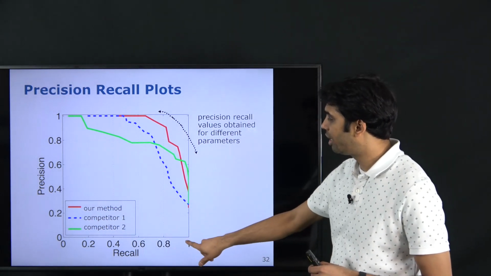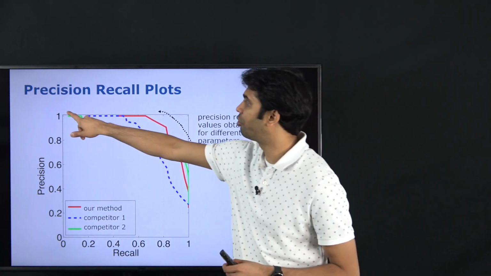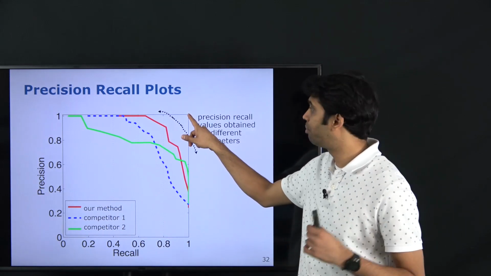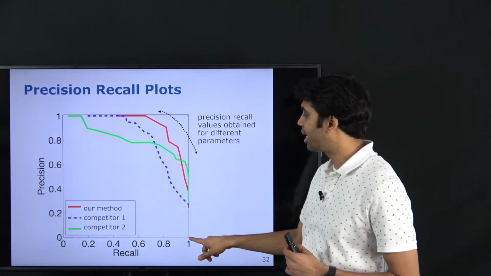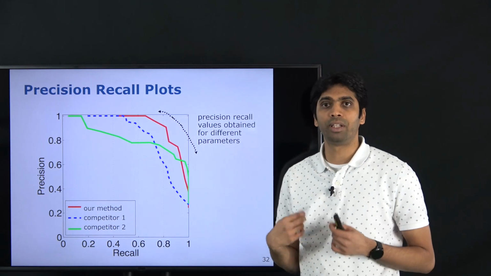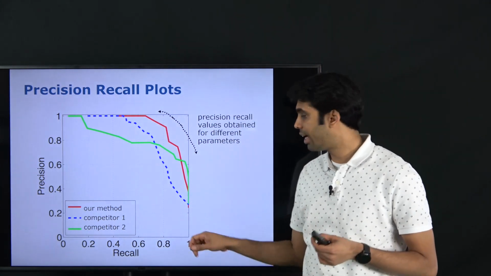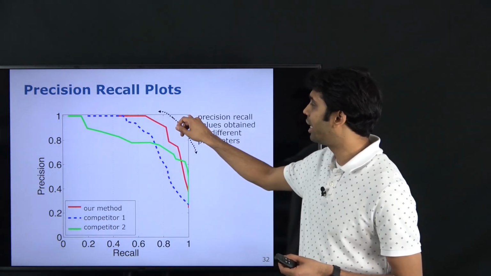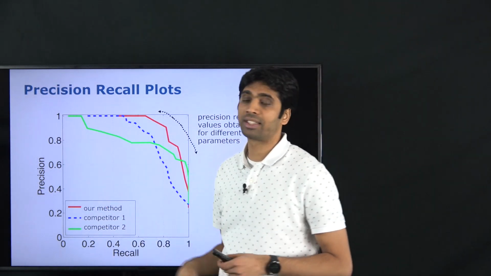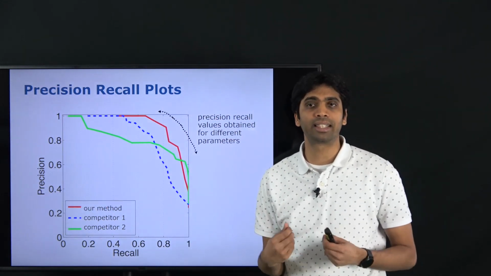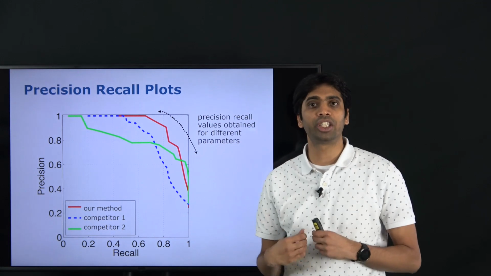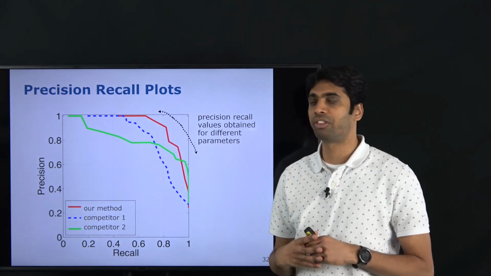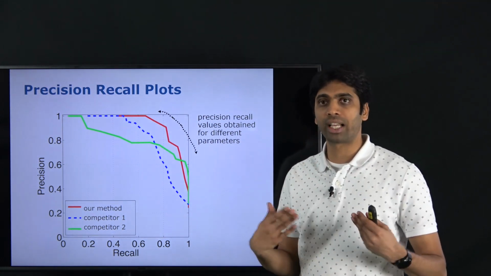So essentially, if you have a recall of 1 and a precision of 1, which is essentially a perfect classifier, it means that every positive example that's there, you are able to catch it, and a precision of 1 means that you don't make any mistakes in the examples which you say are positive.